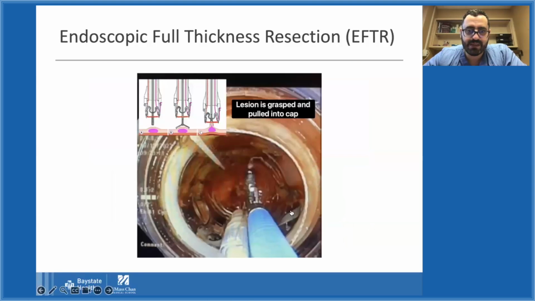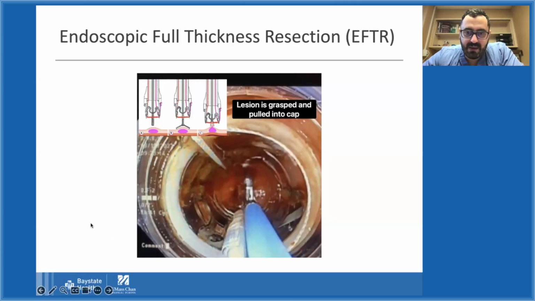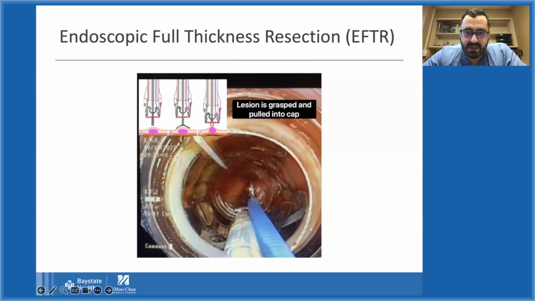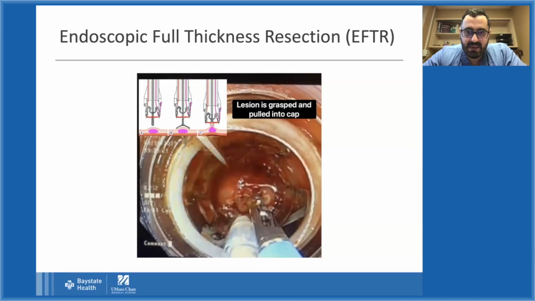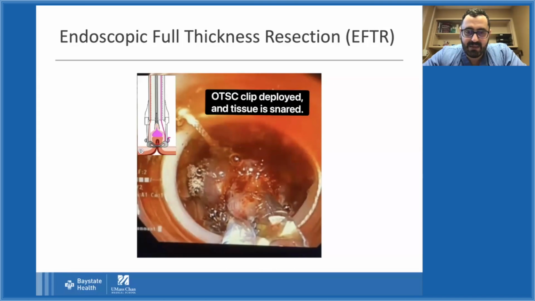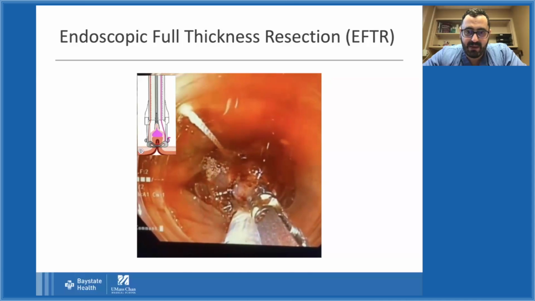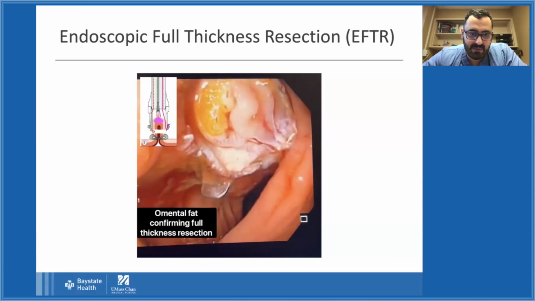I'm going to show you this nice video of a patient where we removed a polyp using this device. Here I'm grabbing the polyp, pulling it in, and then I'm placing the clip, and then I'm cutting. And this is how it looks afterwards.